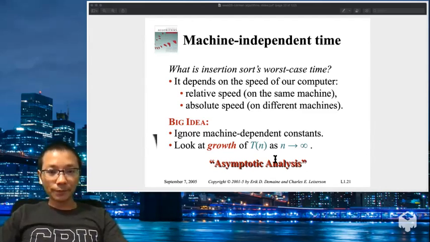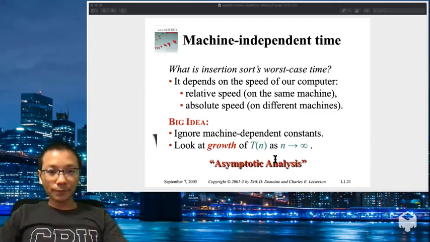So, machine-dependent time. As we talked about earlier, the actual worst case running time depends on the speed of your computer. It could be the relative speed on the same machine at a different time, because you have other things running and may get different results.